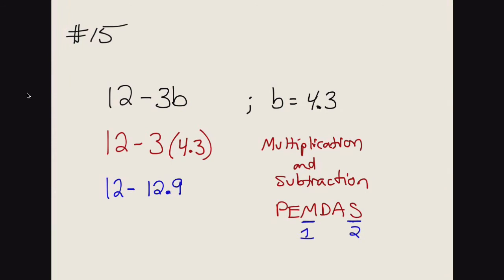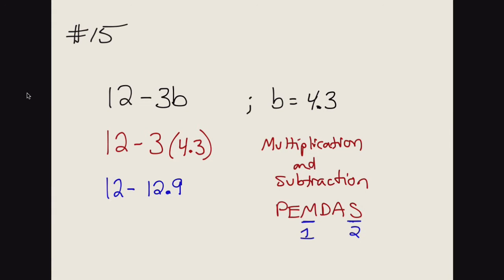Okay. Now we do subtraction. What do we end up with here? We are going to subtract these two, because that's what needs to happen second. You take 12 and you subtract 12.9. So what do you have left over? Is it going to be positive or negative? It's going to be negative because we're subtracting a larger number.